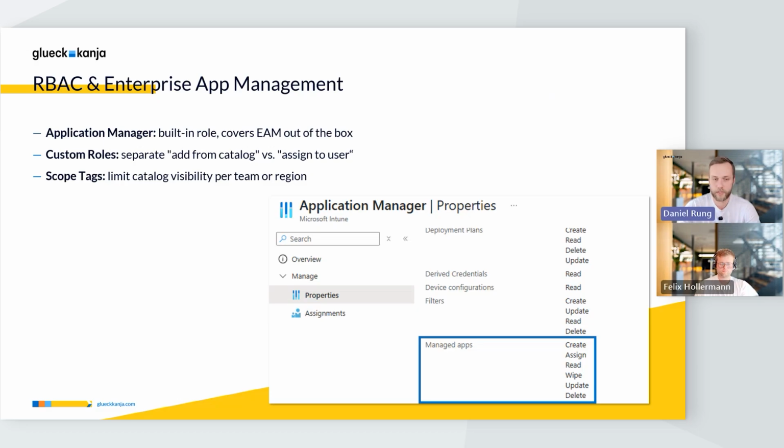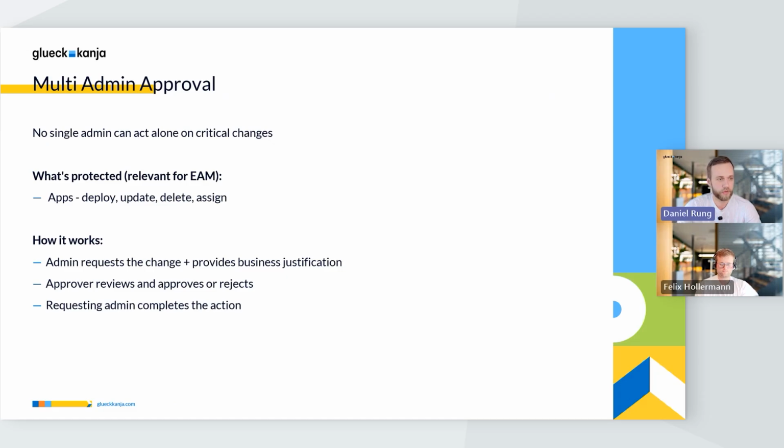You can add an ARM app multiple times, and for that you can also scope tag them with different regions or whatever. So there are all the possibilities we have with Intune RBAC.